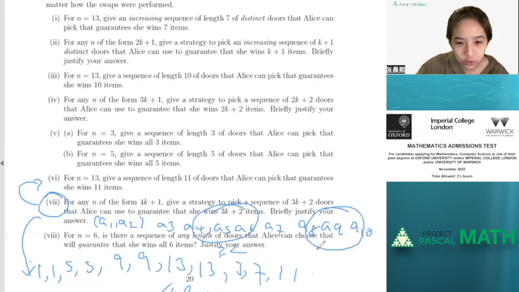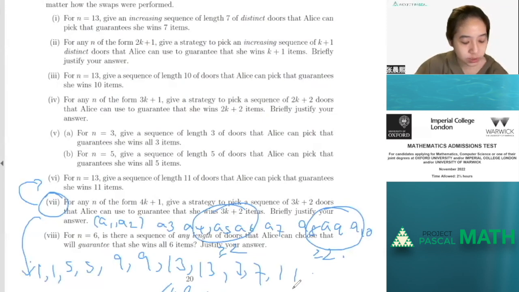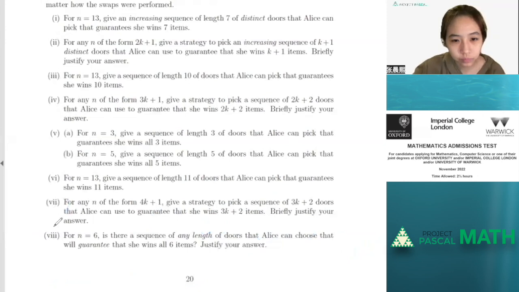And then you can also pick up all the items behind the doors having a remainder of 3 when divided by 4. And so you add up everything together with the number of groups that you can guarantee at least 2k plus 2 items. Okay, therefore n equals 6.